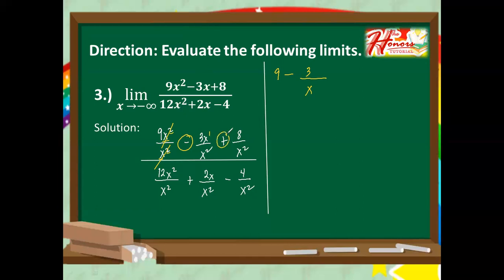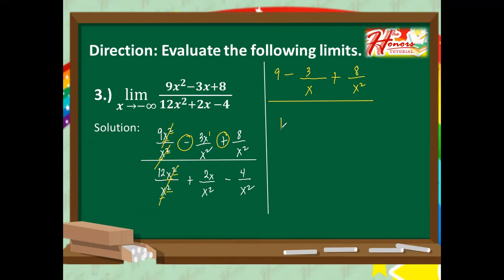Next, copy this operation. So plus, we cannot simplify it anymore because 8 is a constant already while the denominator is a variable. So we have here 8 over x squared. Over, simplify your denominator. Same thing with 9x squared over x squared. As you can see, the variables are the same, the exponents are the same, automatic cancel.